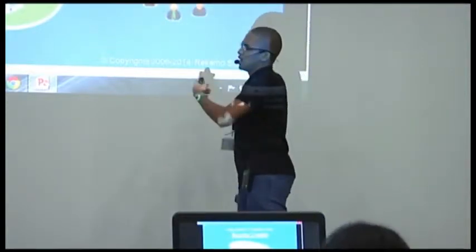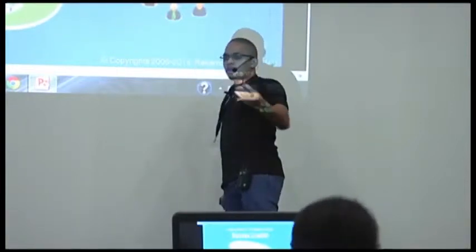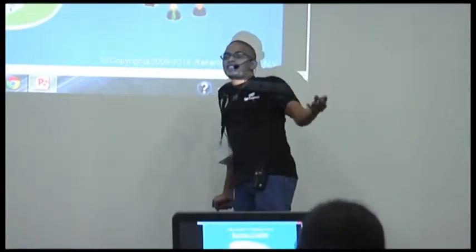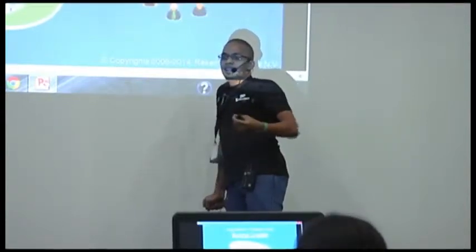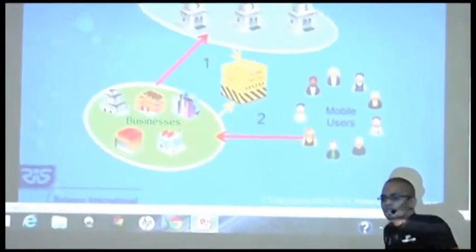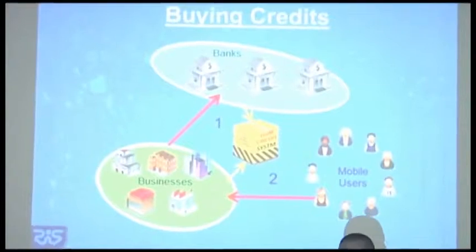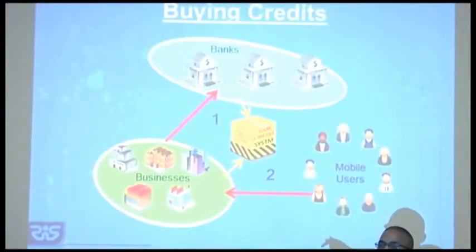And how the mobile users or clients buy the credits is they come to your store. If you accept or sell GSM credits, they hand over money, and you can either give them a voucher so they can top up their account by themselves, or you can electronically top up their mobile account, and from then on they can just pay.